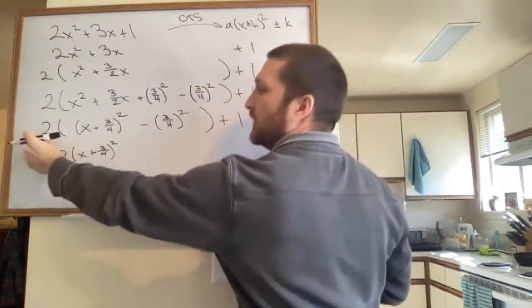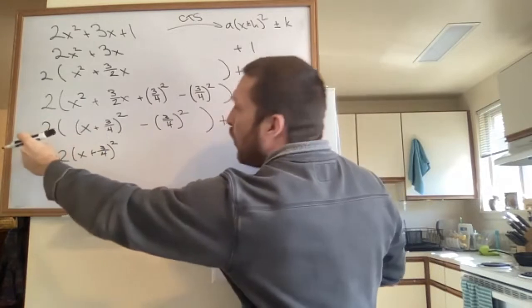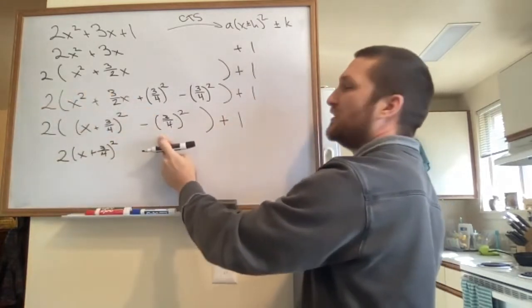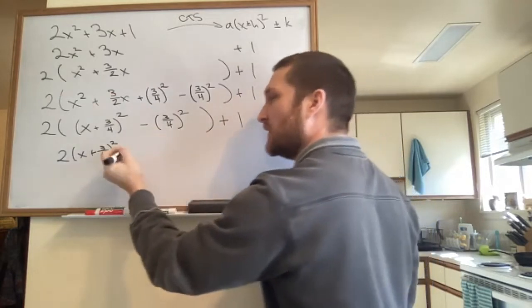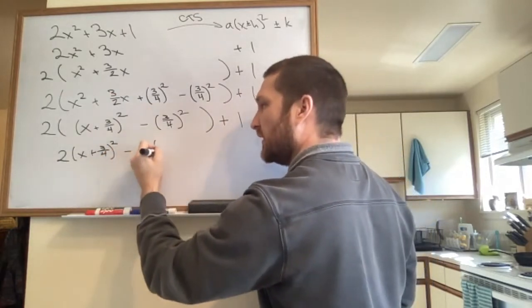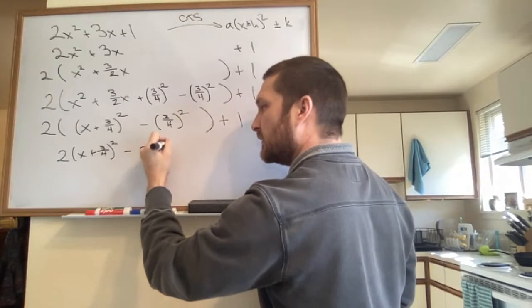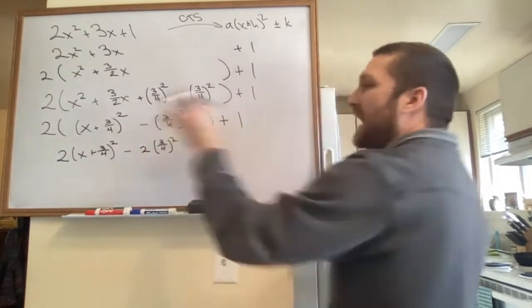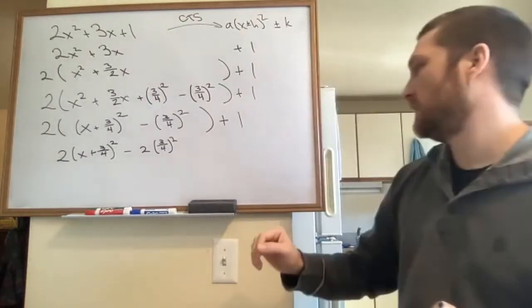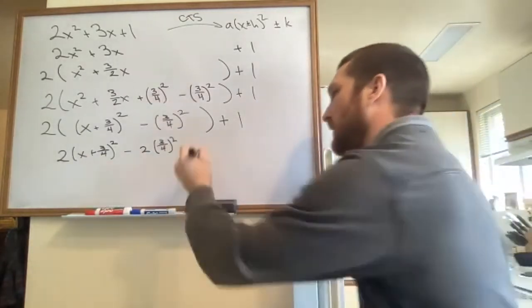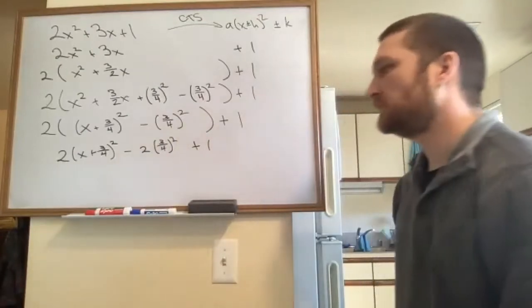They'll put the 2 into here, but they won't distribute it over here, and then your final answer is messed up. So this is really important that we distribute this 2 over here. Now that we've distributed it, the parentheses are gone, and we can have our plus 1.